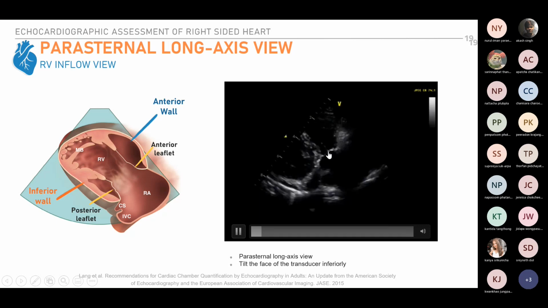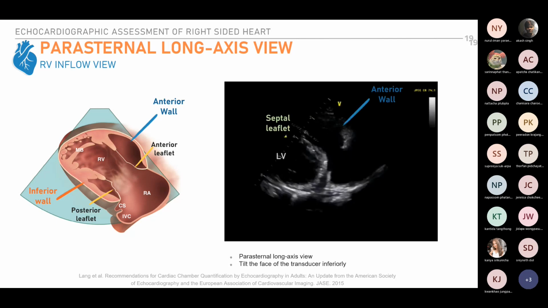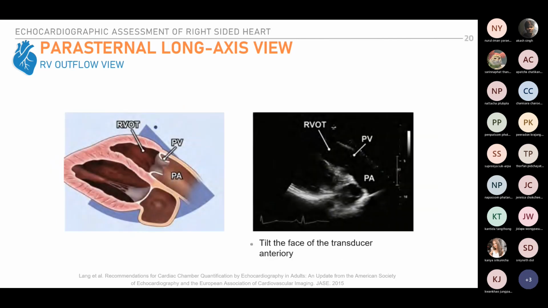So this leaflet is called the septal leaflet of the tricuspid valve. As we also view, you see the distal part of the RVOT, and this view may help to assess patients with infundibular stenosis and pulmonic valve stenosis.